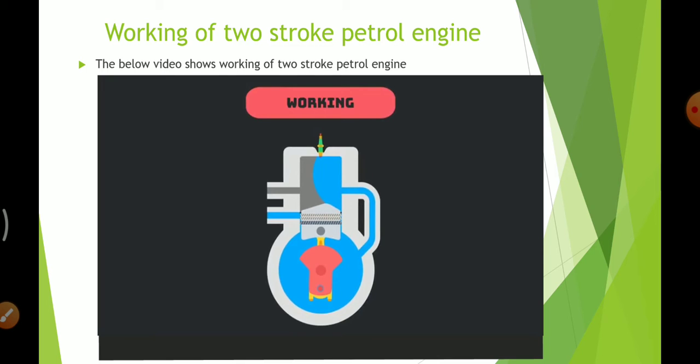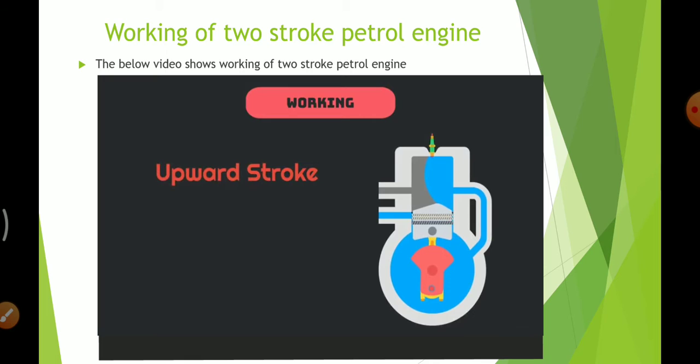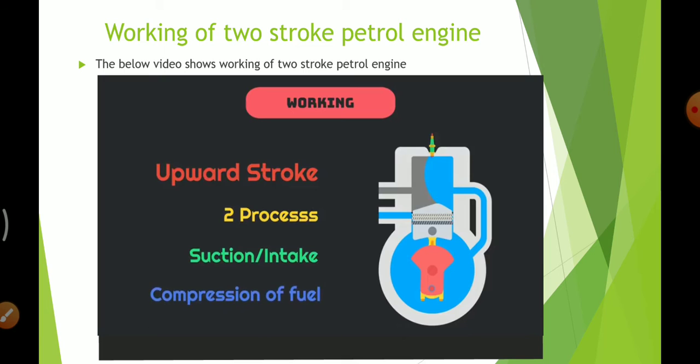Next, working of an IC engine. Just see here how the engine works. In this IC engine, there are two strokes. One is the upward stroke, which contains the suction or intake stroke and the compression stroke. In the upward stroke, the piston moves from BDC to TDC.